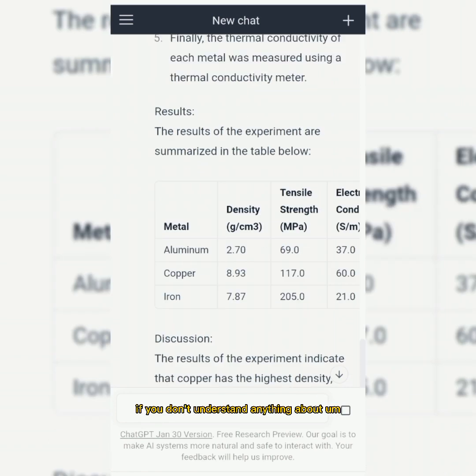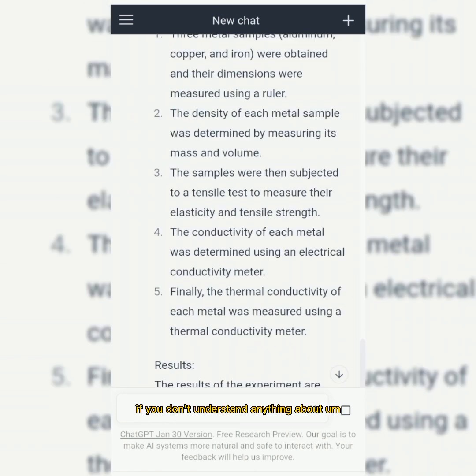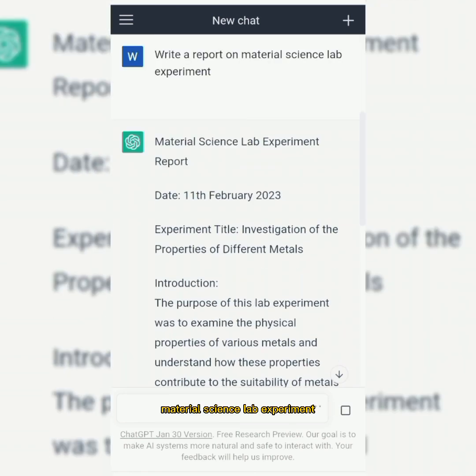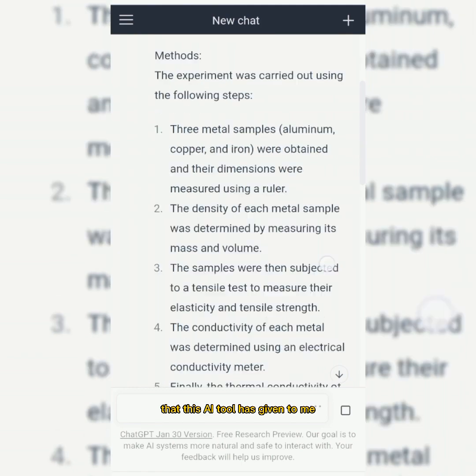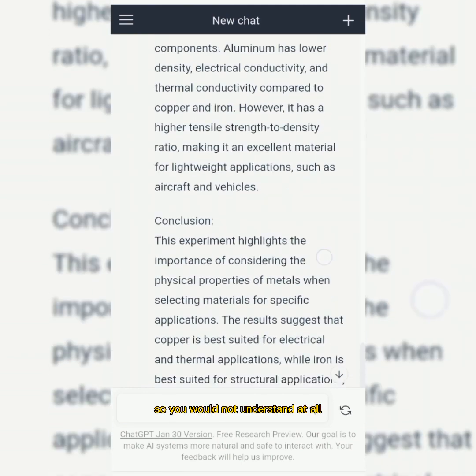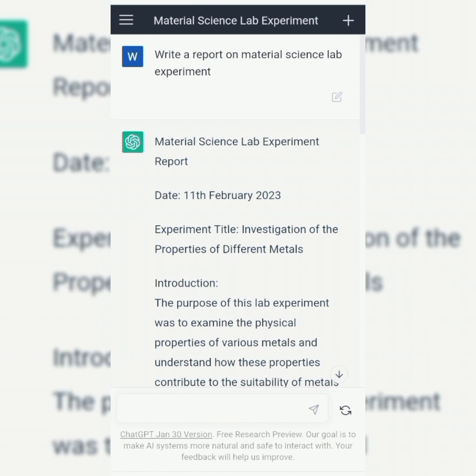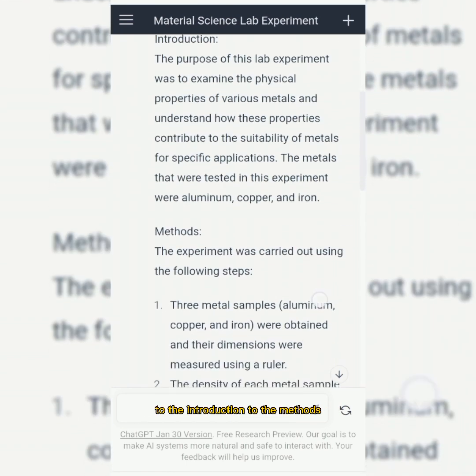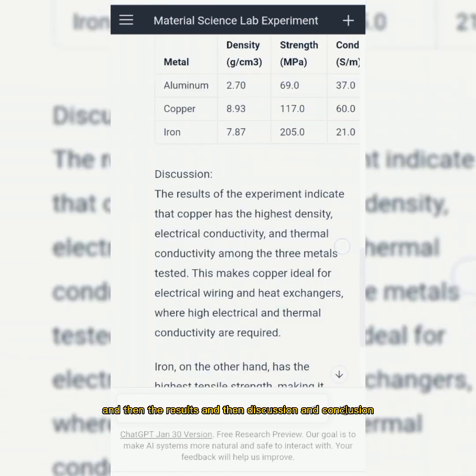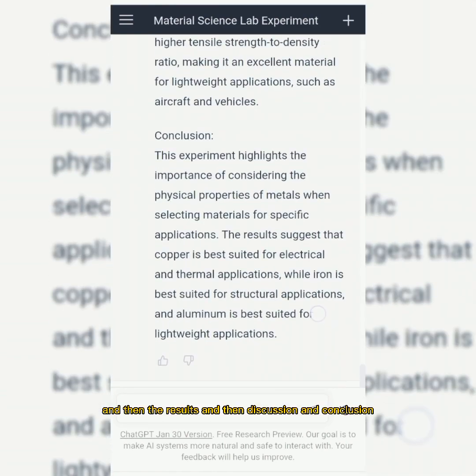If you don't understand anything about a material science lab experiment, you won't understand all these things that this AI tool has given to me. So in other words, from the title to the date to the experiment title to the introduction to the methods, and then the results, and then discussion and conclusion.